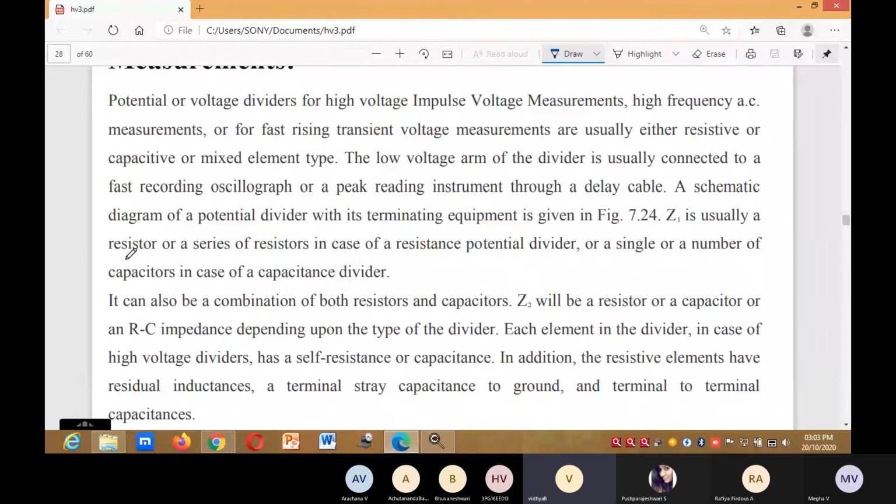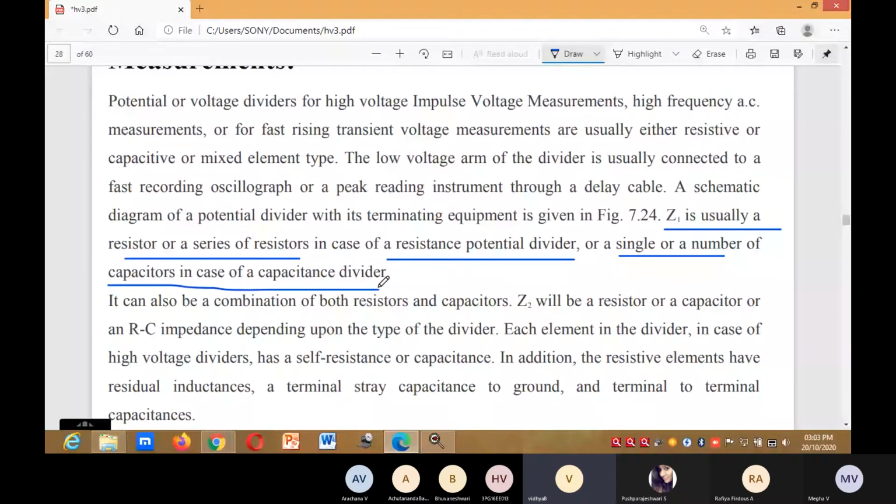Z1 is usually a resistor or a series of resistors in case of a resistance potential divider, or a single capacitor or a number of capacitors in case of a capacitance divider.